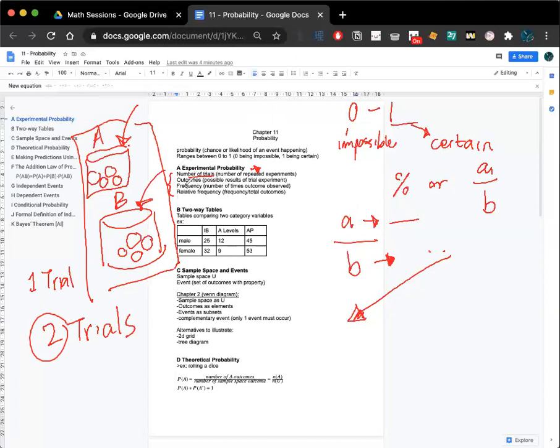And then there's also the term outcome. Outcome is essentially the number of possible results from the experiment. And usually this is not yet in the form of 0 to 1.